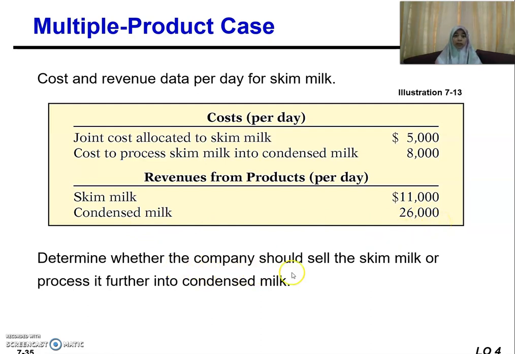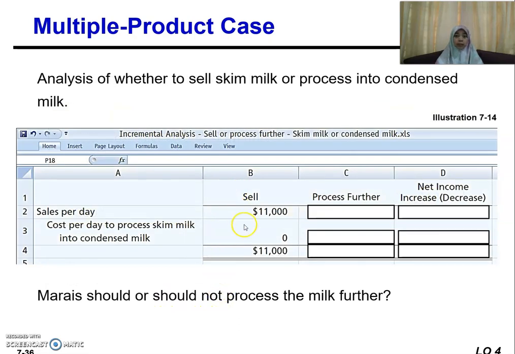Again, determine whether you should sell the skim milk or process it further into condensed milk. So again, you do the same thing. If you were to sell, you will get 11,000. If you further process it into condensed milk, then you will get a revenue of 26,000. And then the cost, what about the cost given in the question?